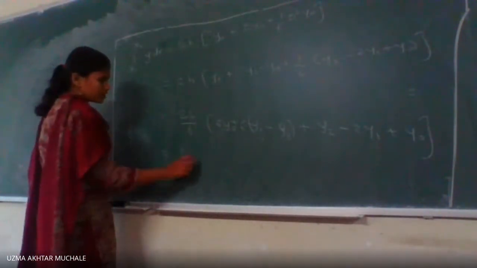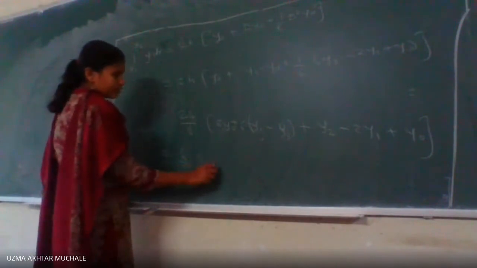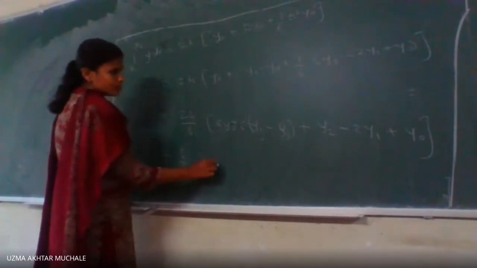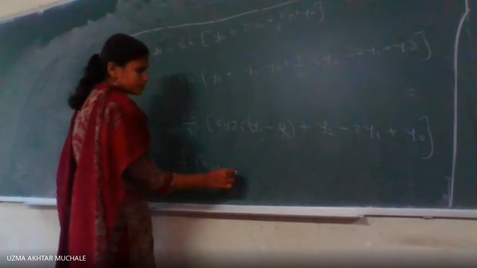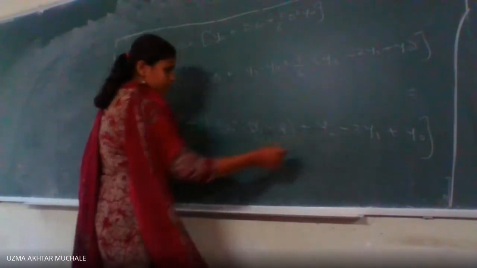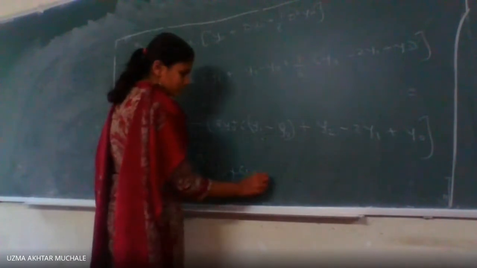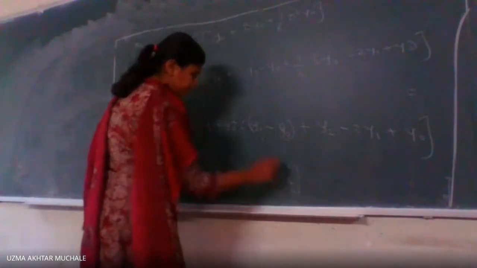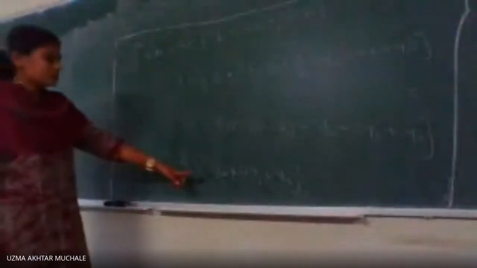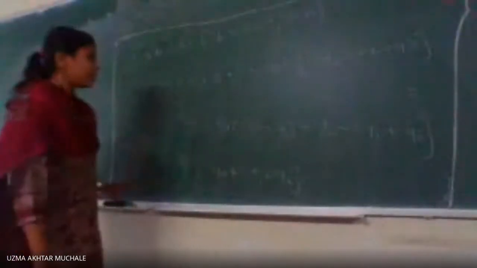It is h by 3 [y0 + 6y1 - 2y1 + y2], that is 4y1. So the formula for the integral from x0 to x2 is h by 3 (y0 + 4y1 + y2).